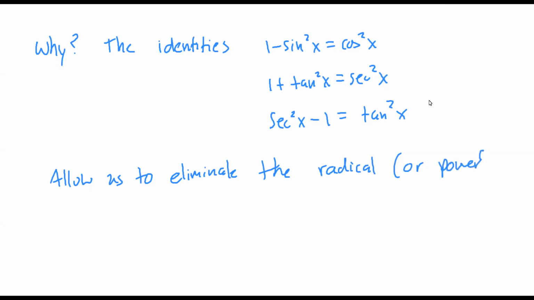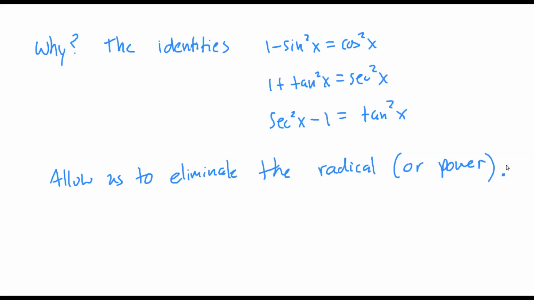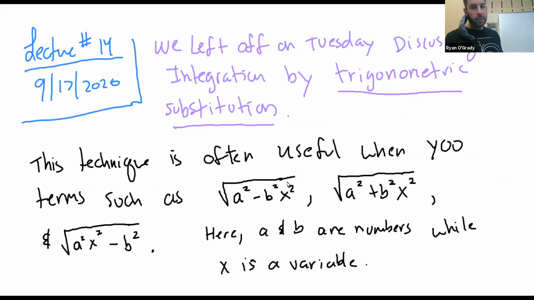We're not just saying that the only time these things can work is if you have square roots. As you'll see on the homework, these things can be useful in other particular integrals. But what I do want to point out is that these three things are sure signs to use a trig substitution.